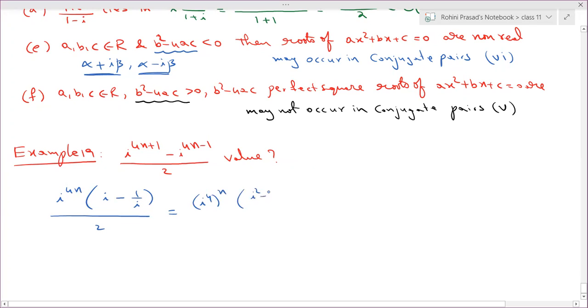And this is i square minus 1 by i, by 2. i power 4 is 1, 1 power n is 1. i square is minus 1, so minus 1 minus 1 is minus 2 by i, the whole divided by 2. 2 gets cancelled. And you can write the minus 1 in the numerator as i square by i, which is equal to i. So the answer is i.